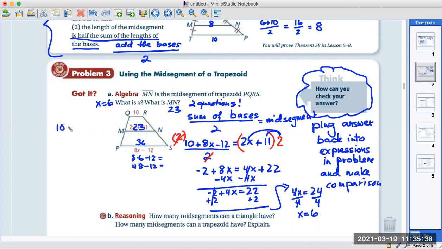Let's try it. The sum of the bases divided by 2 should be 23. 10 plus 36 is 46, divided by 2. Yep, that's true. They all check out. So this is how you can check.